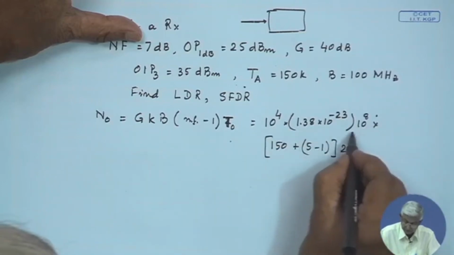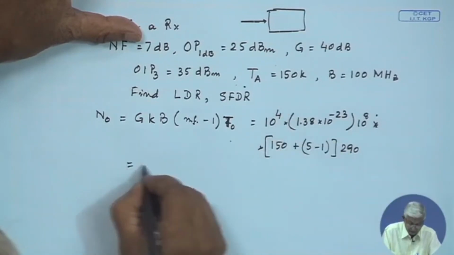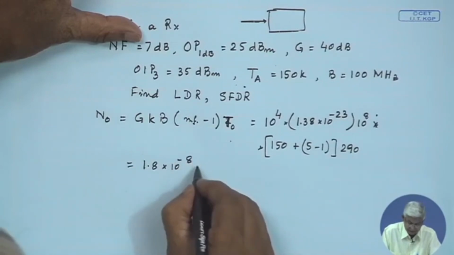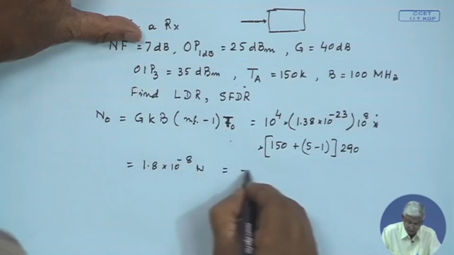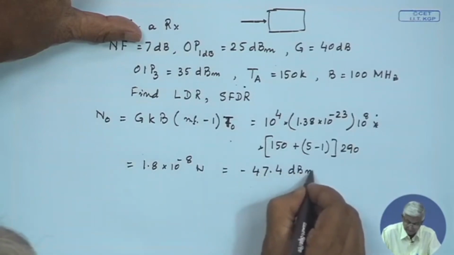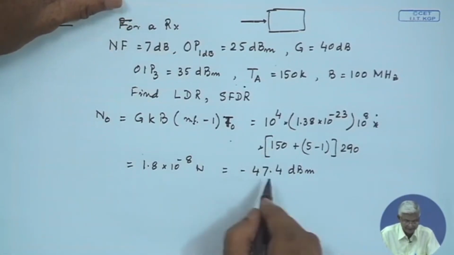When you calculate, it comes out to be 1.8 into 10 to the power minus 8 watt. It is minus 47.4 dBm. Do your own calculation. Don't copy the numbers I have used.